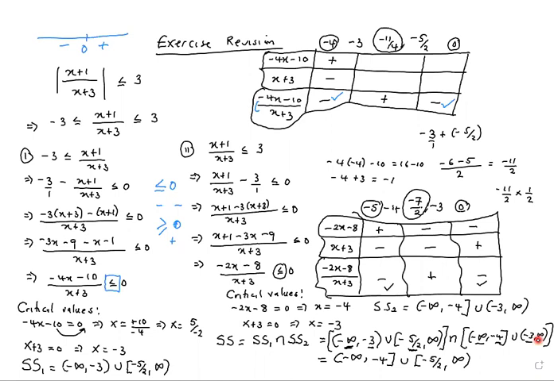This is 2.5, which when it is negative, is bigger than -3. So we get -5/2. Then between infinity and infinity, we get infinity. So this becomes our solution set.